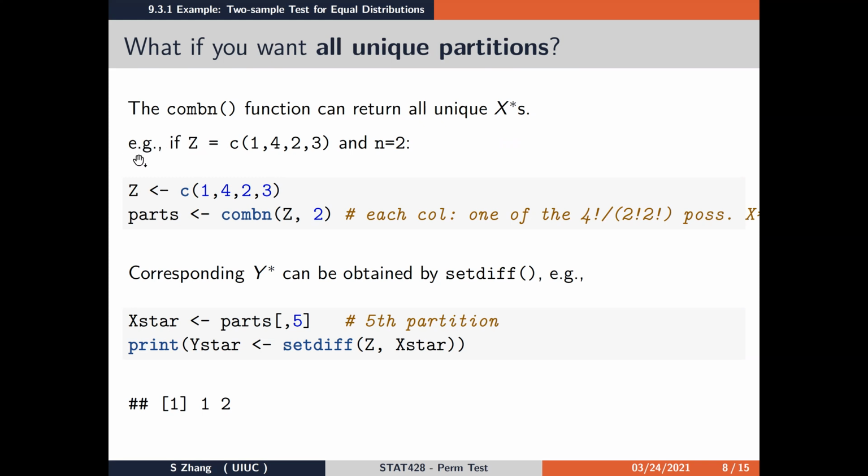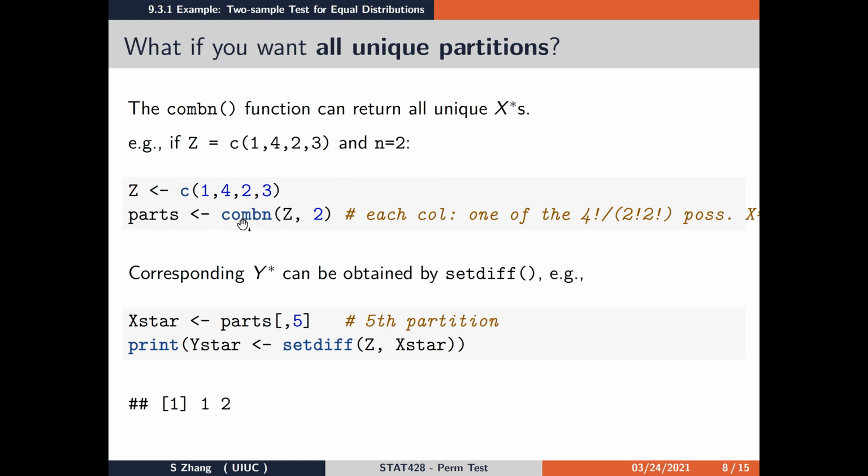I'll give a toy example over here. For example, if our Z is 1, 4, 2, 3, so our large N is equal to 4, and n is equal to 2, meaning that we have the first two, 1 and 4, corresponding to samples of X, and then 2 and 3 correspond to original samples of Y. Then we can get all possible X stars, which is 2 elements picked from Z, by using the COMBN combination function.